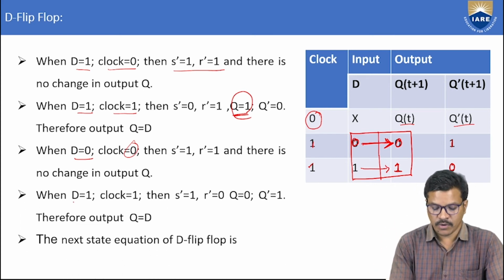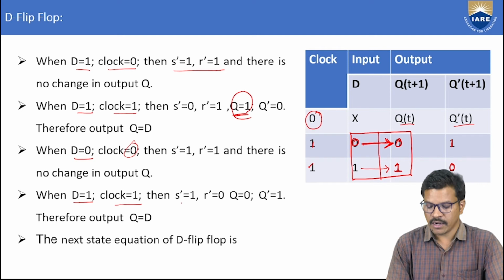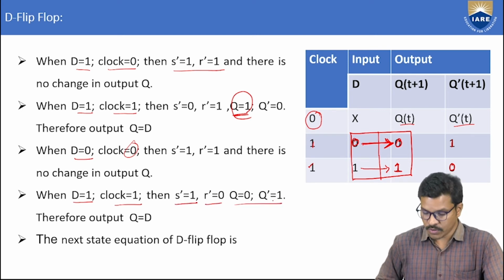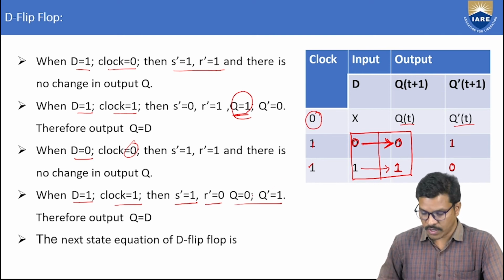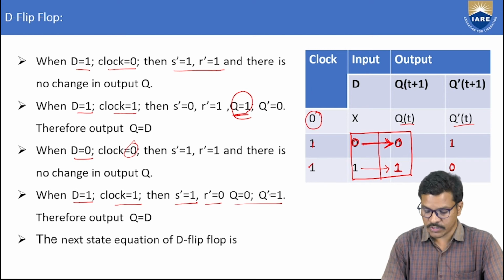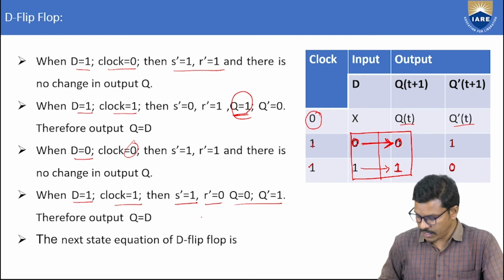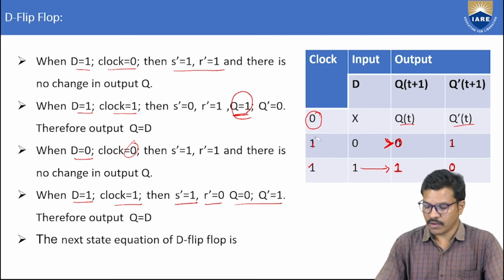Likewise, when D is equal to 1 and clock is 1, S is 1 and R is 0, which means Q is equal to 1 and Q bar is equal to 0. Therefore, the mathematical equation, like the characteristic equation.